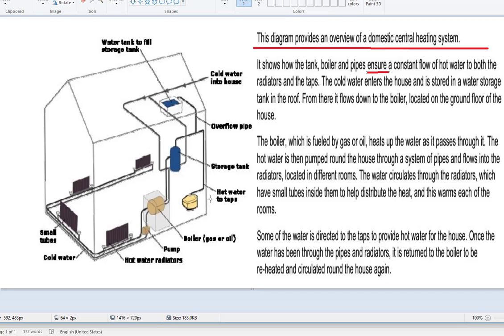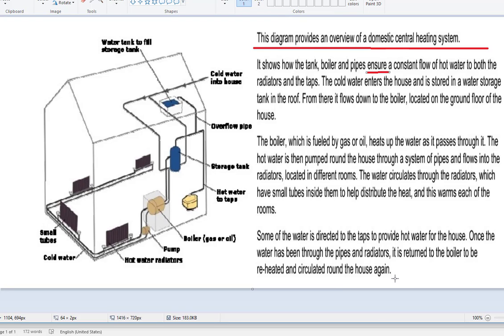See that here. Once the water has been through the pipes and the radiators, it's returned to the boiler room to be reheated and recirculated again. Okay, if we follow the arrows, there we see it loops.